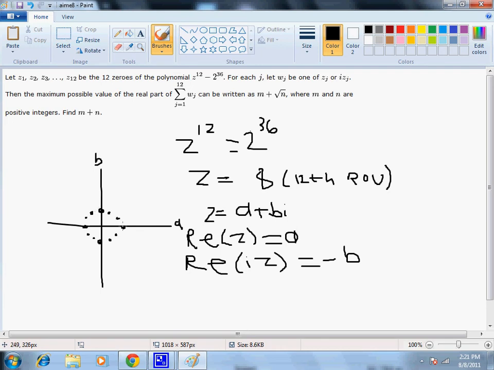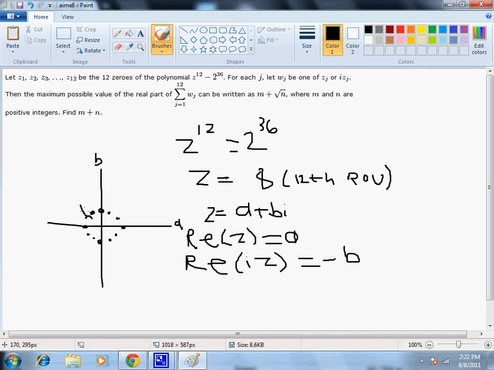So actually, if you look carefully, at this point the b value is larger than the a value: the a value is negative 1/2 and the b value is negative square root of 3/2. So this is here, and then over here the a value is square root of 3/2 while the b value is negative 1/2.